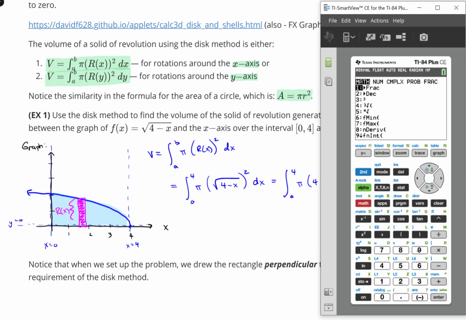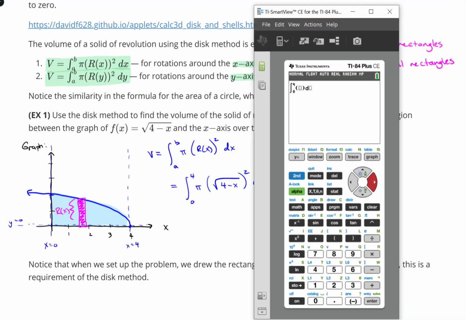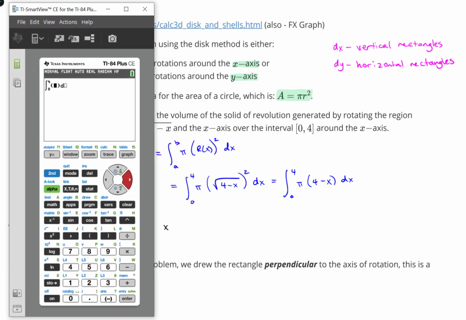So if I integrate this, so math 9, go from 0 to 4, and my function here is pi times the quantity 4 minus x, and then integrate dx. All right, so when I do that, I will get an answer.